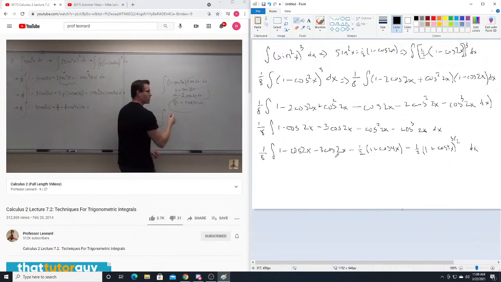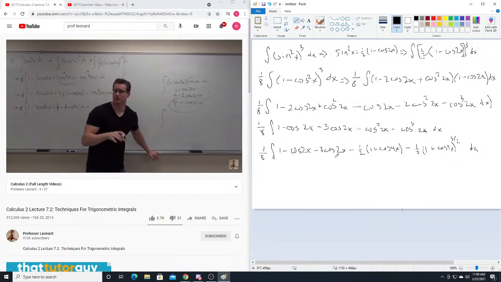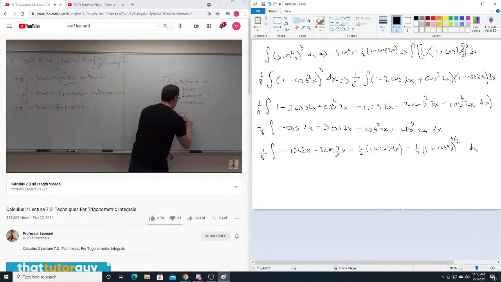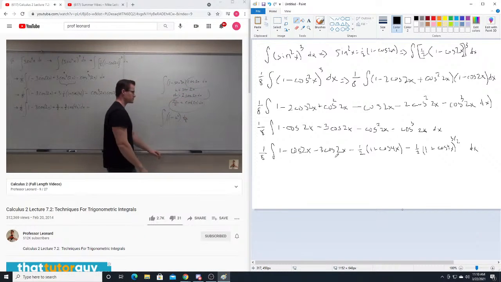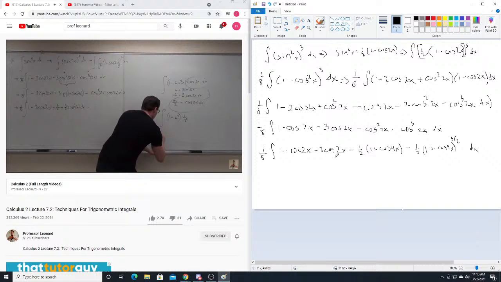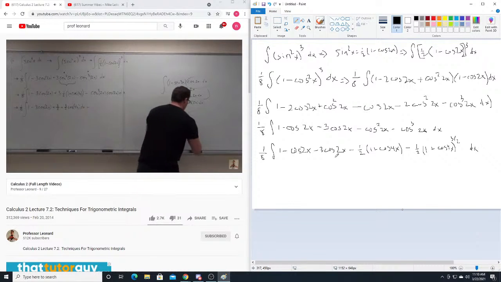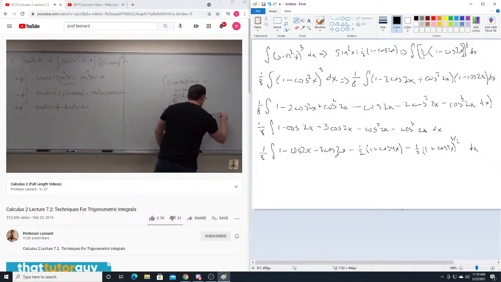Therefore we get, I know I'm working quickly, but we've already done something very similar to this. This is 1 minus u squared. This guy is du over 2. Or in other words, this is 1/2 integral of 1 minus u squared du. 1/2 u minus u cubed over 3.